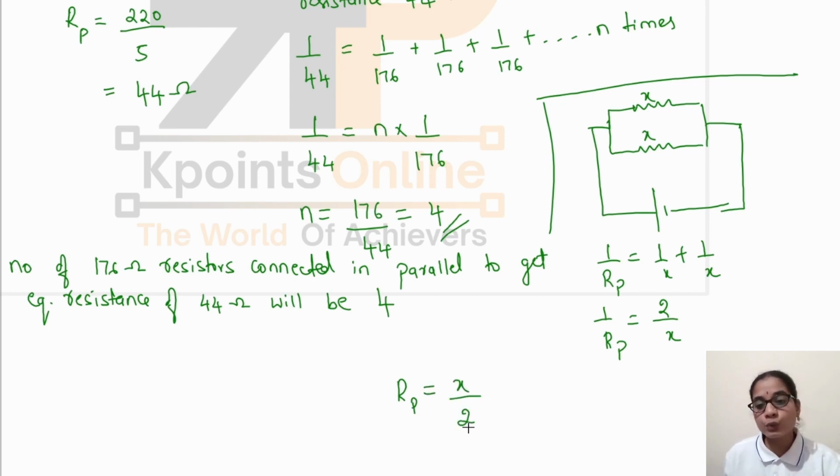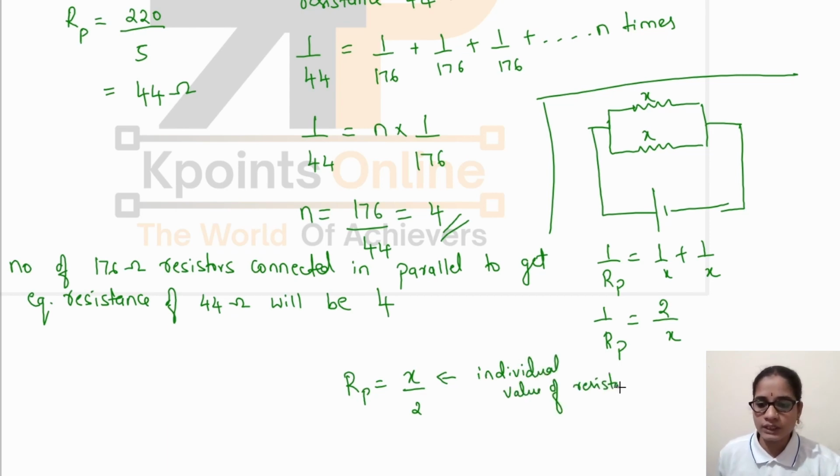This is for two resistors having the same value of resistance. X is the individual resistance value. This formula can be applied only when all the resistors have the same resistance, and this 2 is the number of resistors.